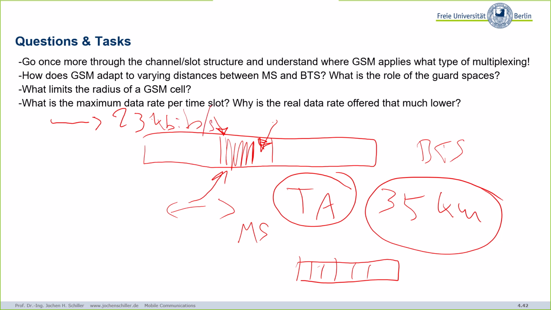So 23 kilobit per second, but what is offered is something like 9.6. Why do we not offer at least 20 kilobit per second, maybe minus some headers? Why not? What do we need the other bits for?